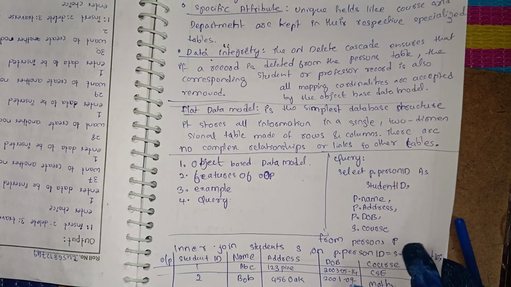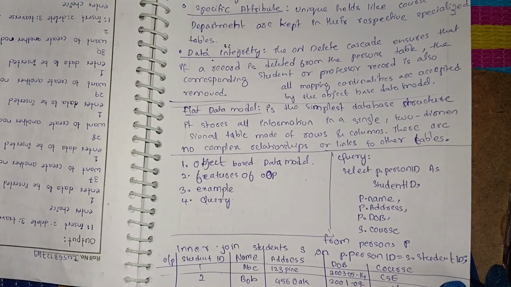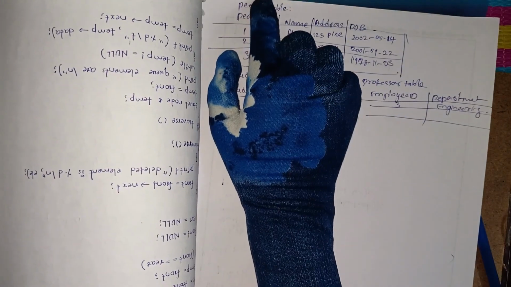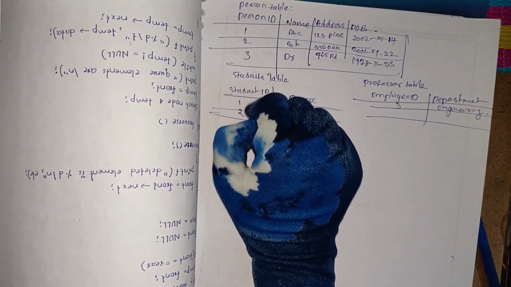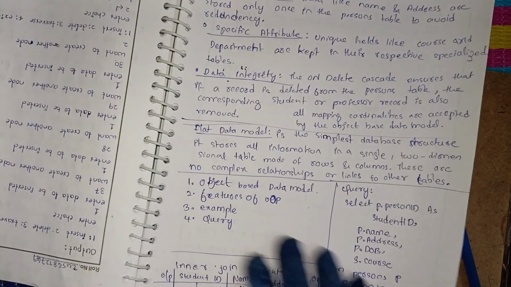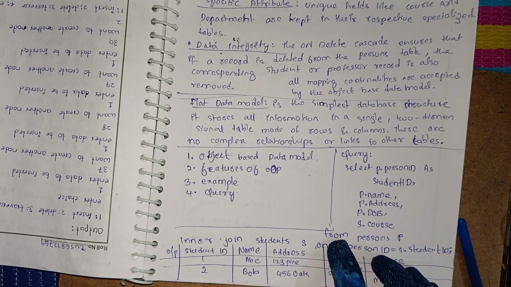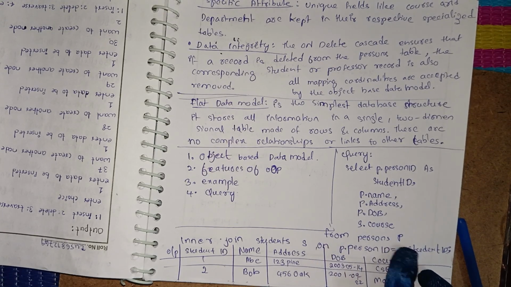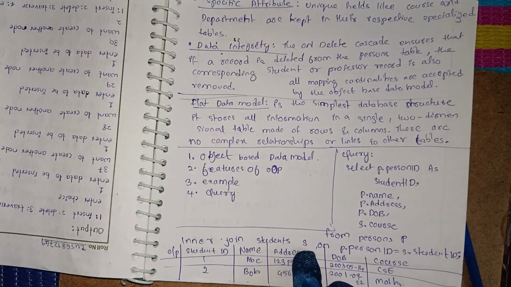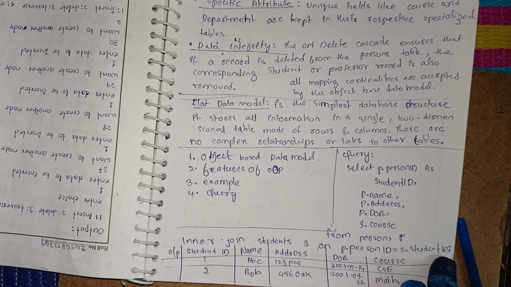That is the student table and the person table. Person table and student table, we are joining it. Here in the query: from persons P inner join students S on P dot person ID is equal to S dot student ID.